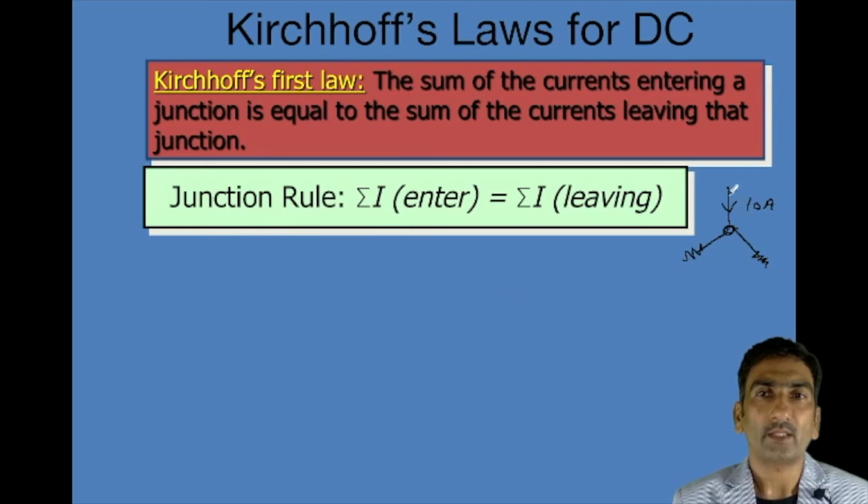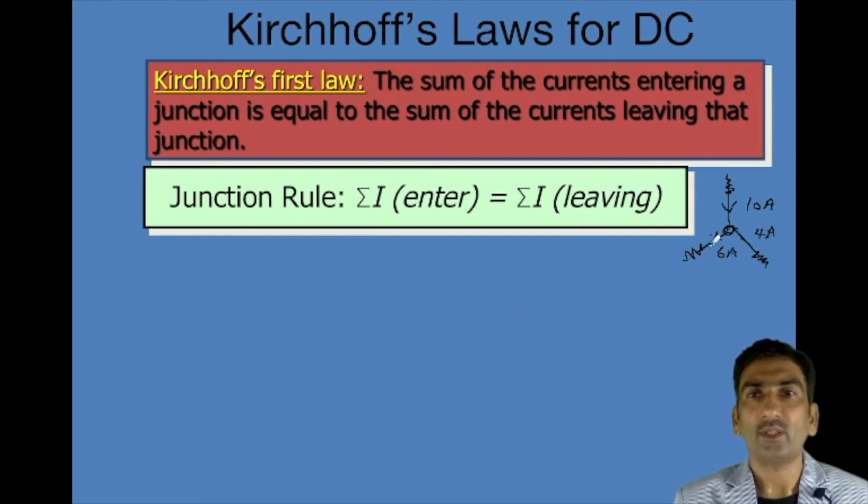Across one end the 10 ampere current is entering the junction. So how much would it be in these two? Let's say this current is 6 ampere, then this would be 4 ampere.